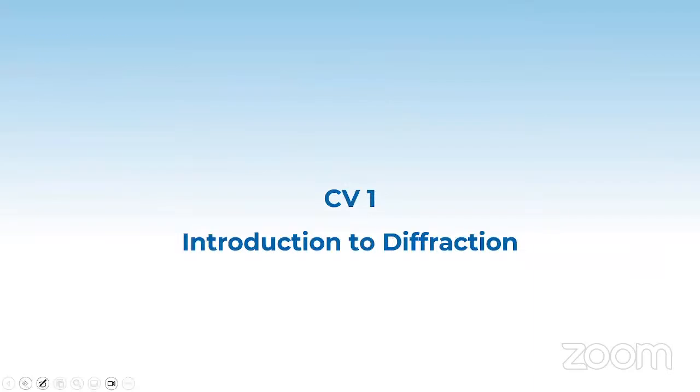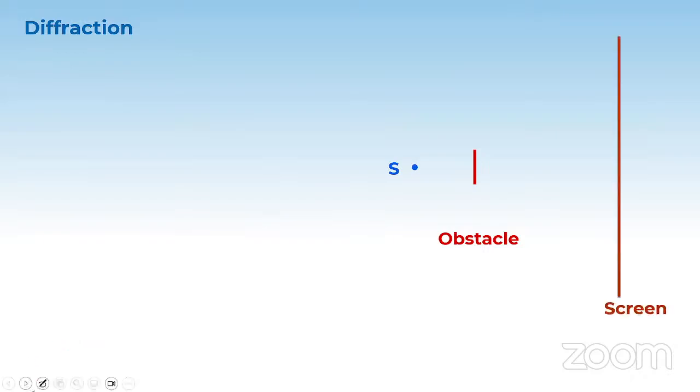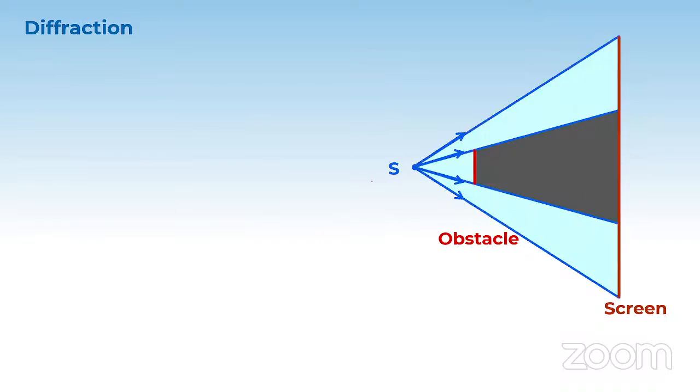First of all, introduction to diffraction. Now, what is diffraction? Suppose there is a source S here, which is emitting light. If we place an obstacle in between, and this is the screen, then on the screen this should be the region where light should not be coming. But what we are seeing is that it has increased angularly.